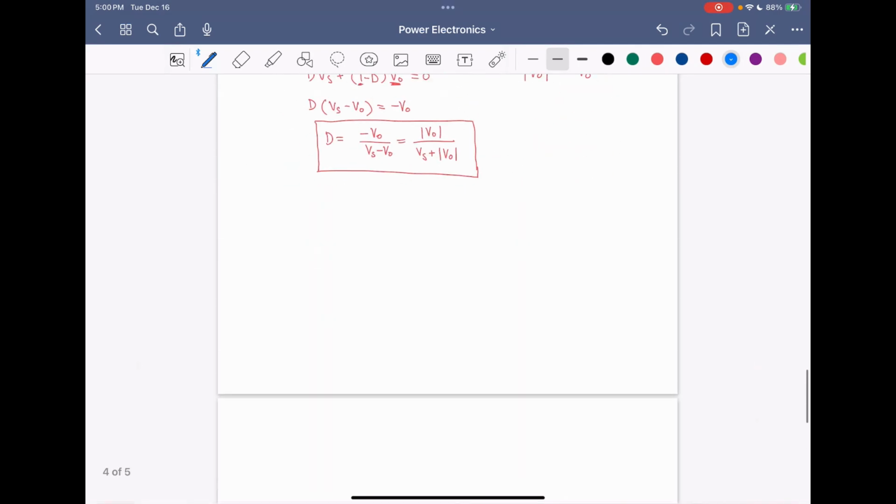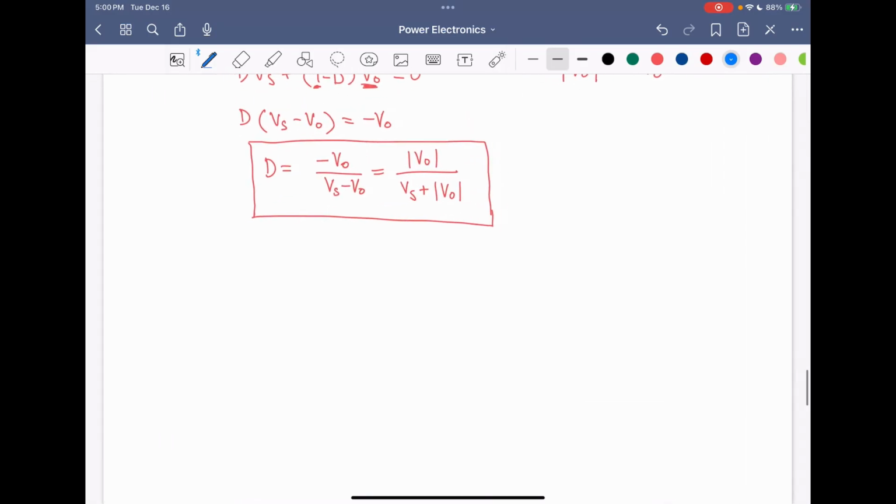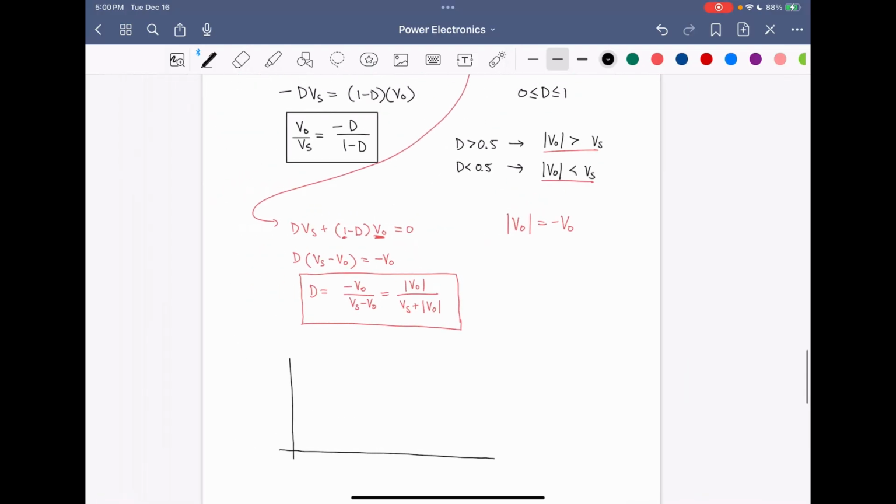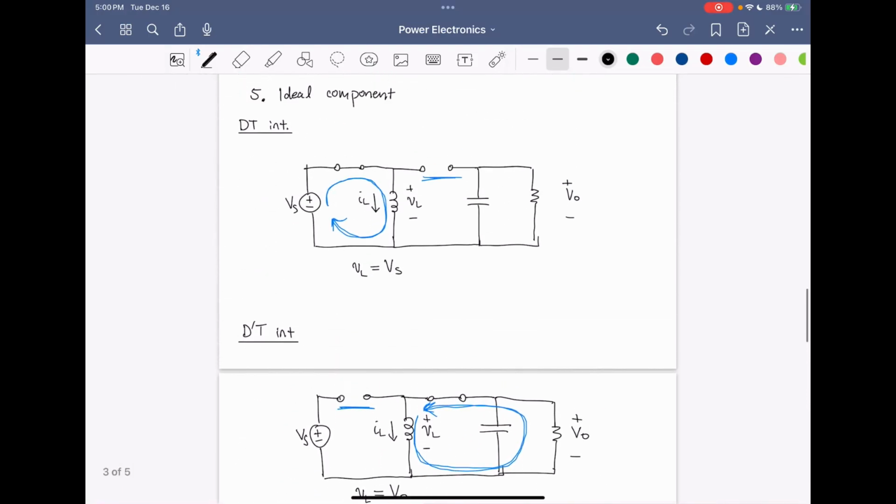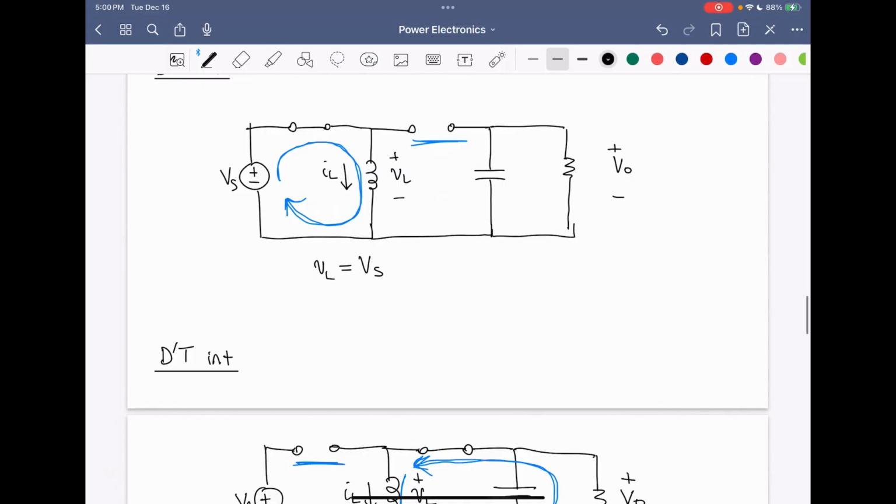So now the next step is to figure out what some of the waveforms look like. So let's look at the inductor current waveform. During the dT interval, the inductor characteristic equation is VL equals L dIL/dt.